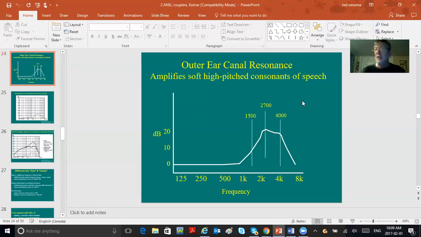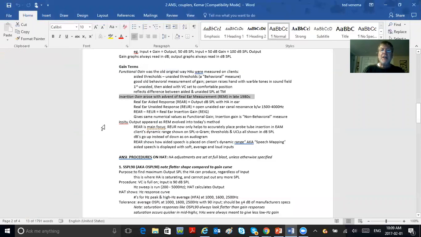You'd call that the real ear aided response. You call this the real ear unaided response, and then you put the hearing aid in and measure the real ear aided response. And the difference between the aided and unaided was called insertion gain. Okay? It was quicker, just much faster.